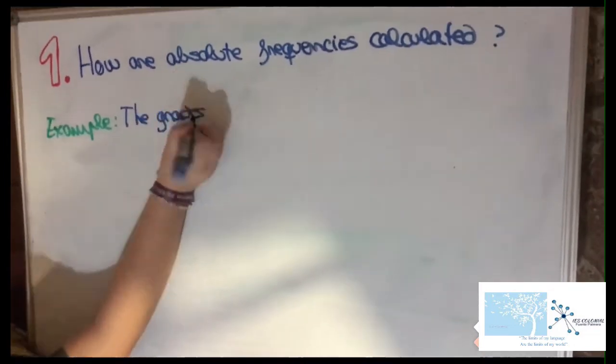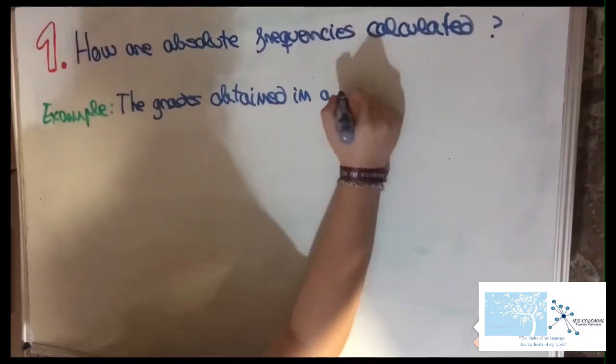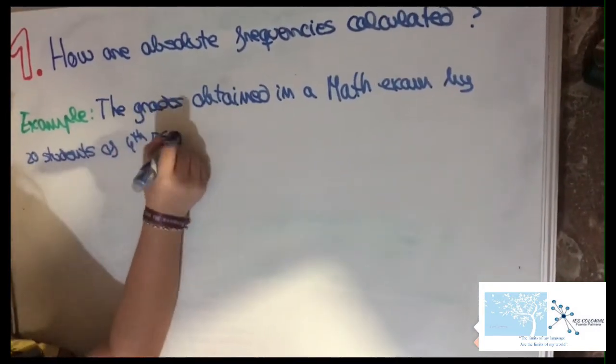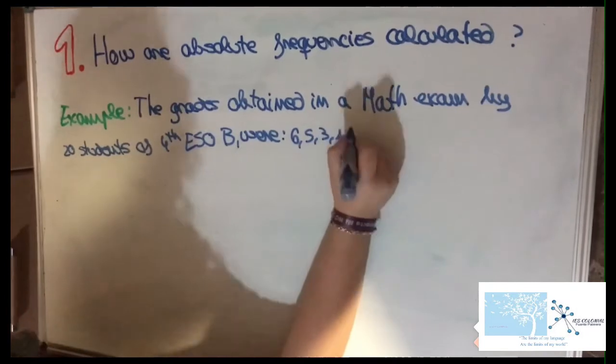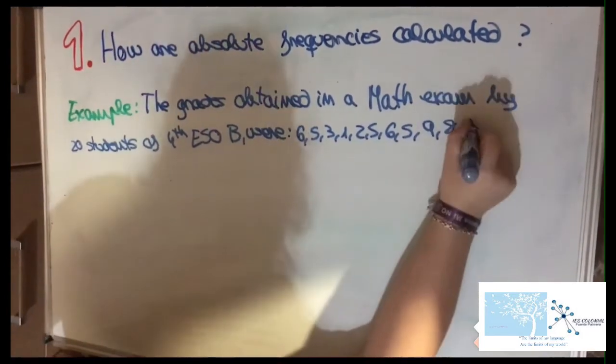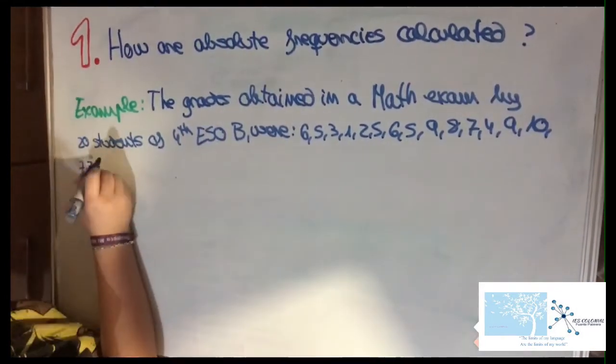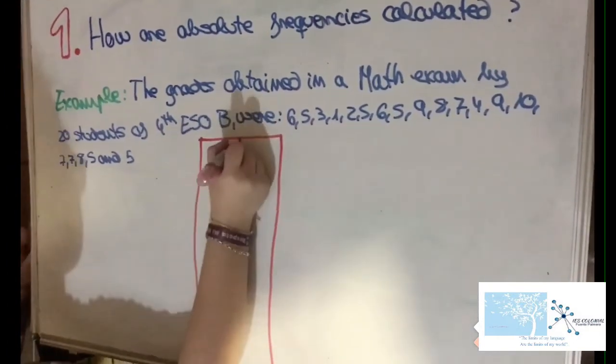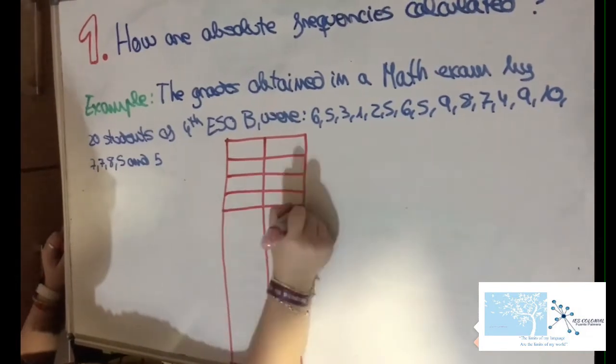Example: the grades obtained in a math exam by the 20 students of 4th B were. With this data, we will build the frequency table.